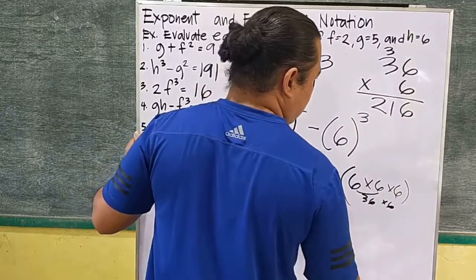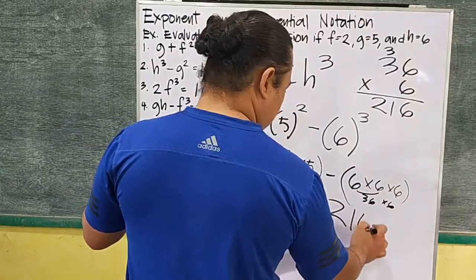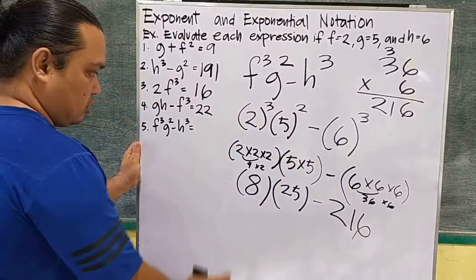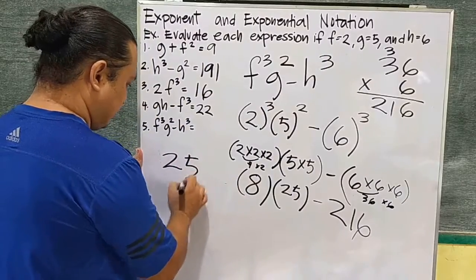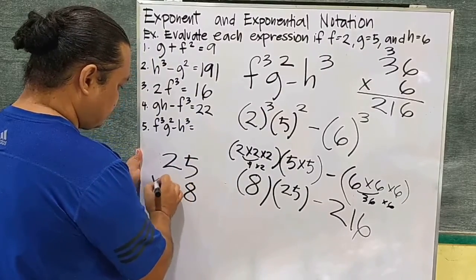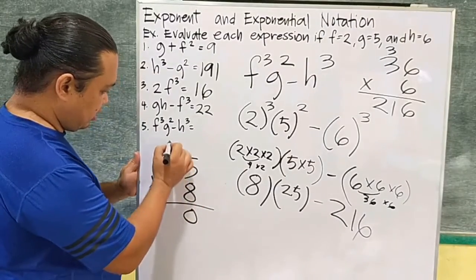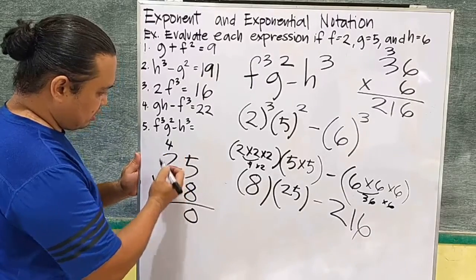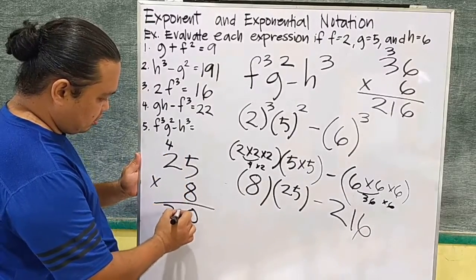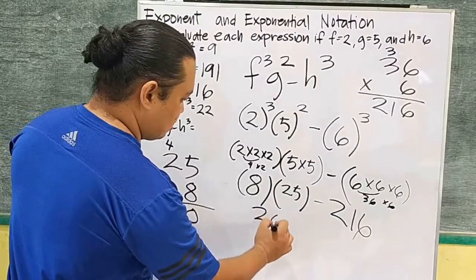So we have 216. Now let's do the 8 times 25. 25 times 8. 8 times 5 is 40, 0 carry 4. 8 times 2 is 16, 16 plus 4 is 20. So we have 200.